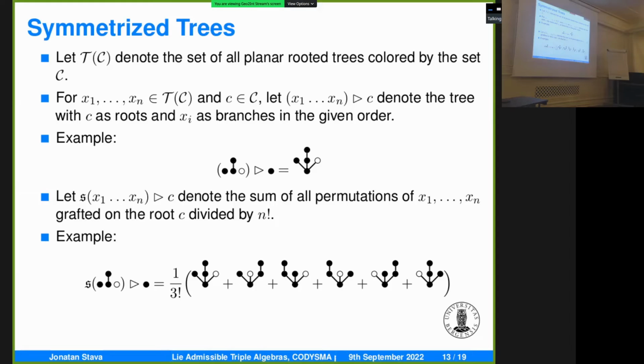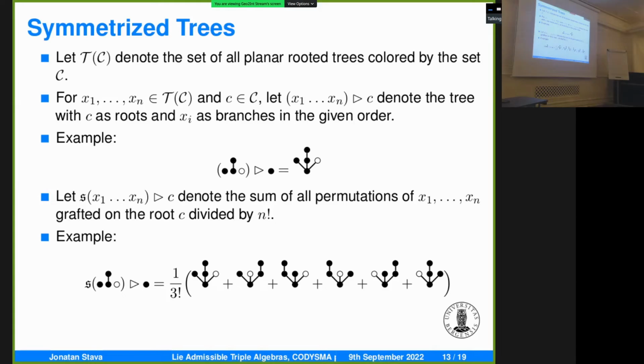T of C here is just the set of all planar rooted trees that are colored by the set C. If x1 to xn are planar rooted trees, then I can take all these planar rooted trees and graft them onto a common root and get a new planar rooted tree. Here's an example: I have three trees, and I graft them onto a root, in the same order they are here, and you get this.